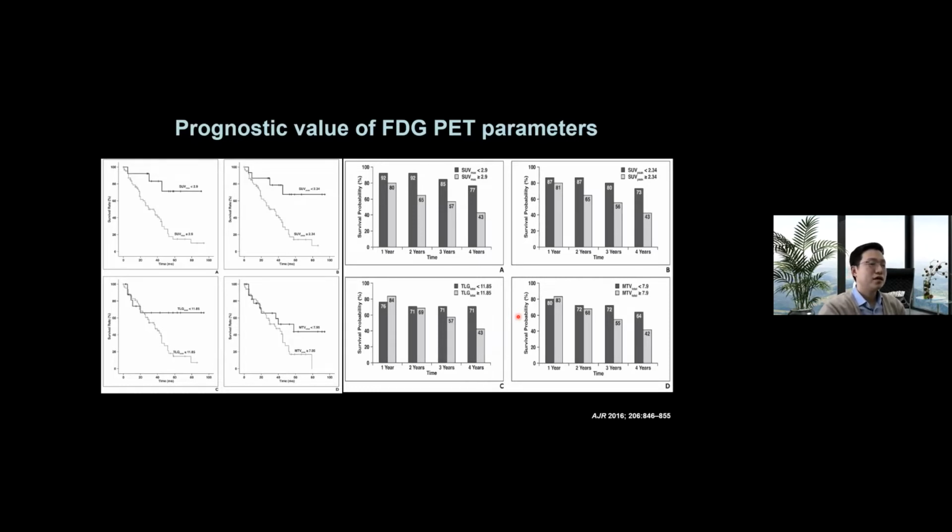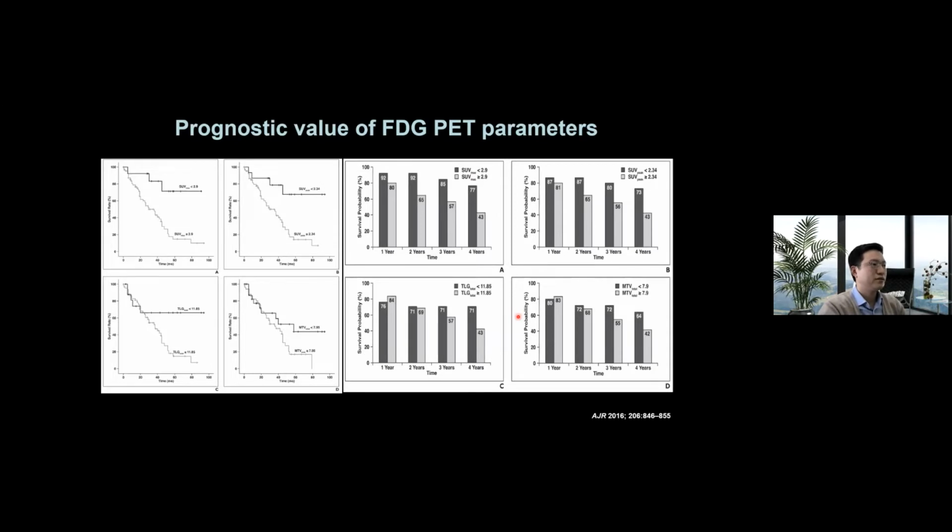There are not many studies, but there is one study showing that baseline FDG PET CT scan is predictive of disease-free survival. And this study shows that FDG PET parameters at recurrent disease were predictive of overall survival.